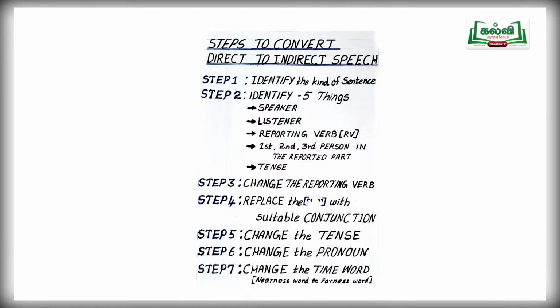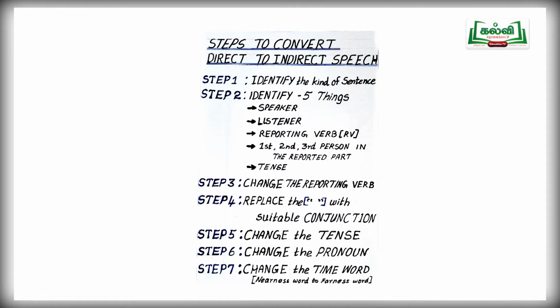Now we see the steps we have to follow to convert direct to indirect speech. There are 7 steps. Step 1, identify the kind of sentence. Step 2, identify the 5 things in the direct speech: speaker, listener, reporting verb, first, second or third person in the reported part, then tense.